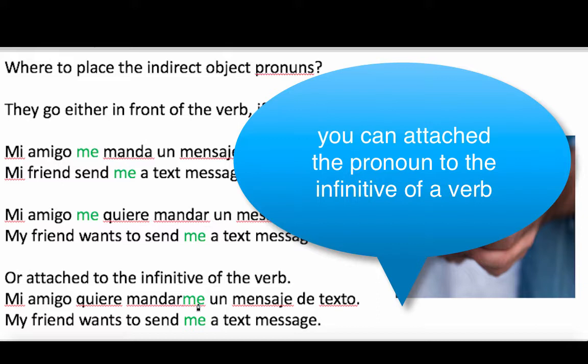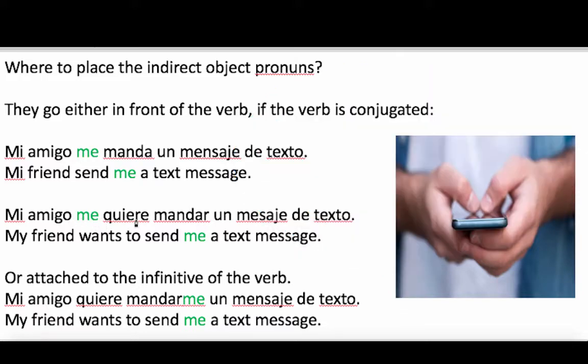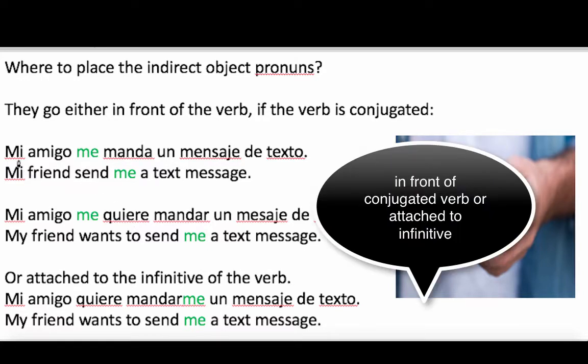You can have the indirect object pronoun in front of a conjugated verb, like in this example, mi amigo me quiere mandar un mensaje de texto. And also in this example, mi amigo me manda un mensaje de texto. Or you can attach it to the infinitive of a verb, like mi amigo quiere mandarme un mensaje de texto.